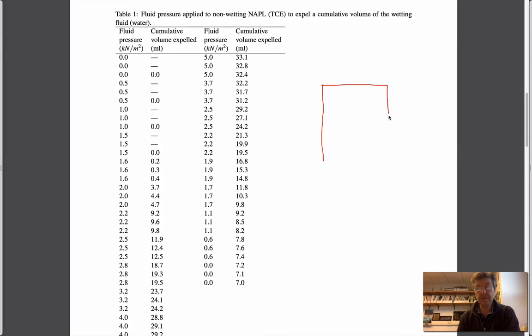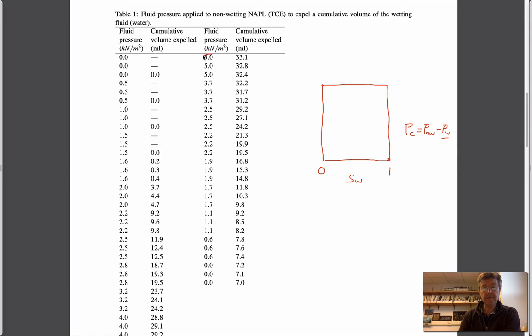If you increase the TCE pressure from 0 capillary pressure, 1, 0, saturation of water, capillary pressure is equal to the non-wetting pressure minus the water pressure. Water pressure stays at atmospheric, so this is actually the capillary pressure.